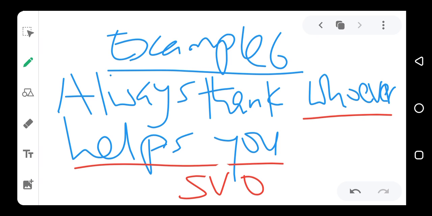We say that we have three types of dependent clauses: noun dependent clause or the noun clause, adjectival dependent clause or adjectival clause, and adverbial dependent clause or adverbial clause.